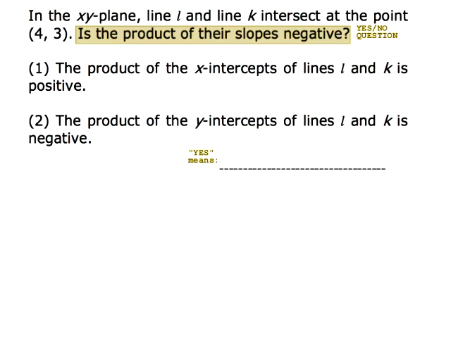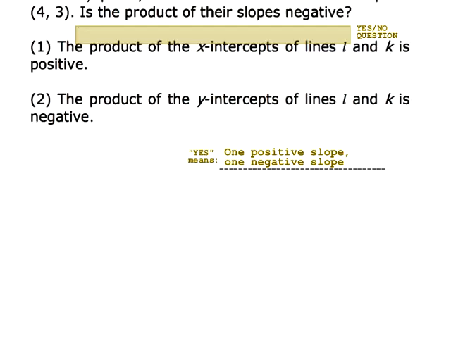Negative product is one positive slope and one negative slope. So that's what you should write, right? This is one goal. So one positive slope, one negative slope. That's the yes case.